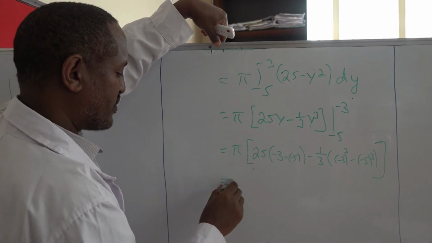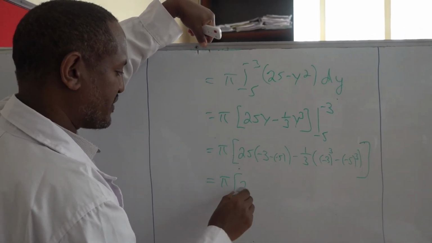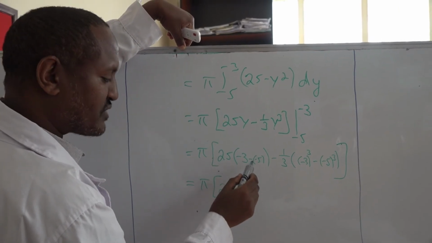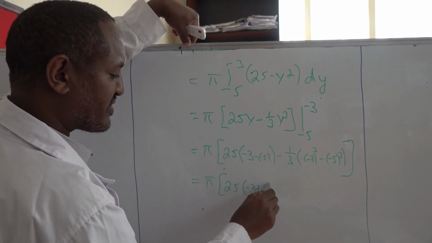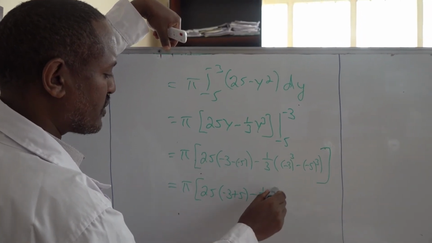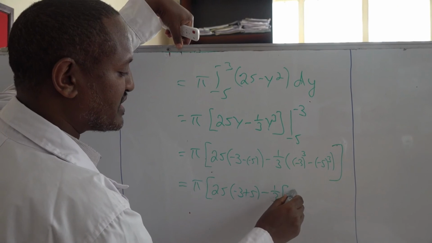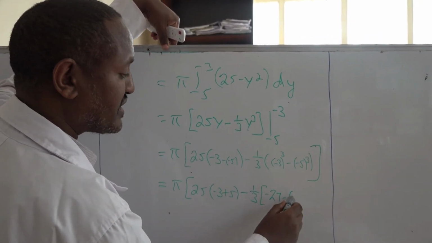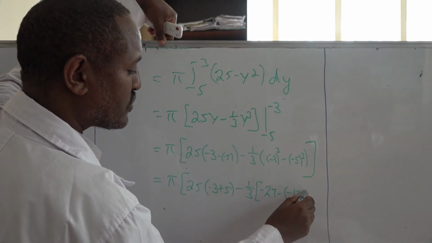So we have pi times 25 times (-3 minus -5), which is plus 5, then minus 1 over 3. The cube of negative 3 is negative 27, minus the cube of negative 5, which is negative 125.